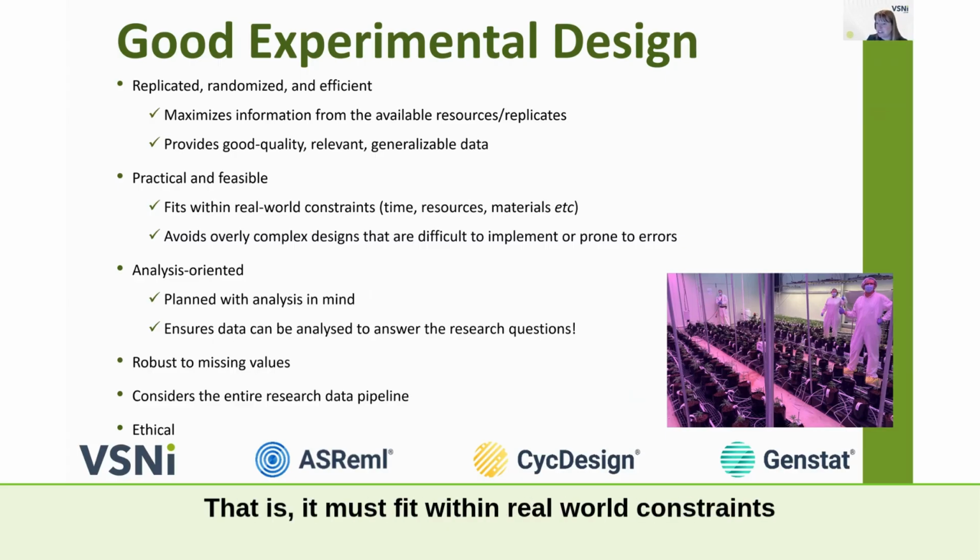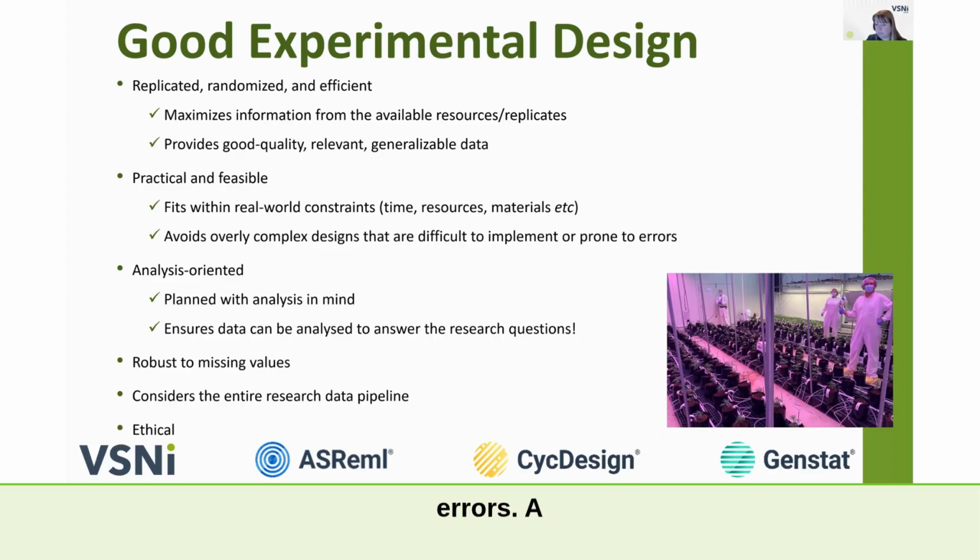That is, it must fit within real-world constraints and avoid overly complex designs that are difficult to implement or prone to errors. A good design is also analysis orientated, ensuring the data we collect can actually be analysed to answer the research questions we care about.